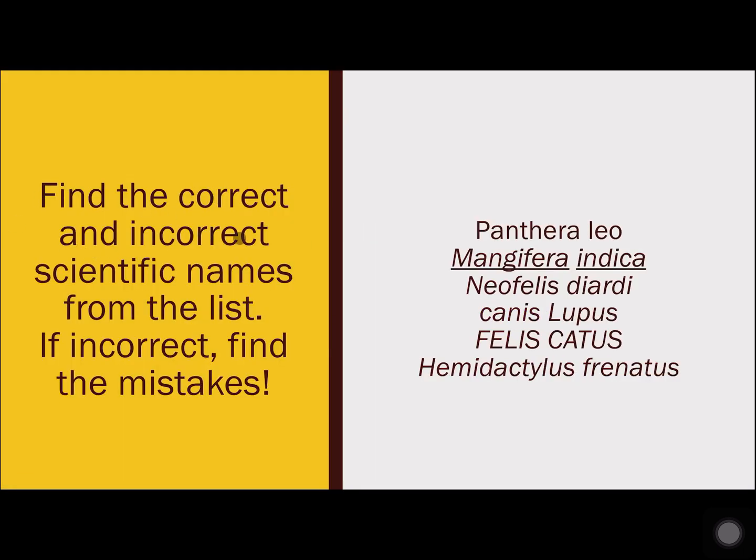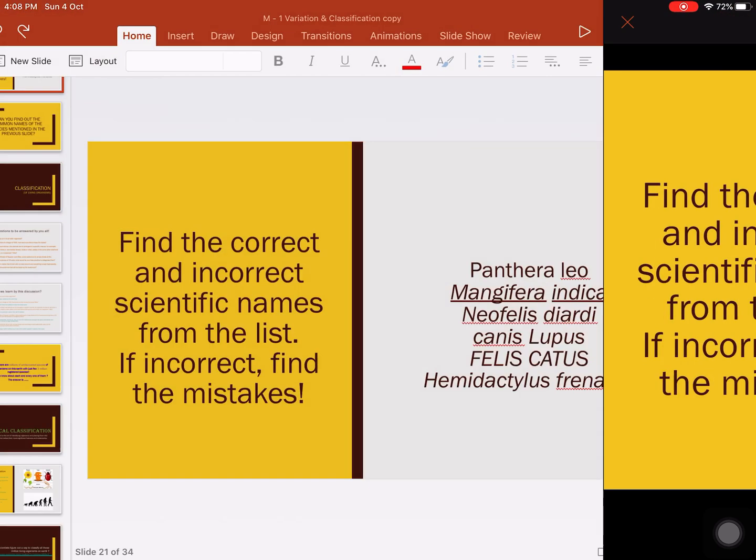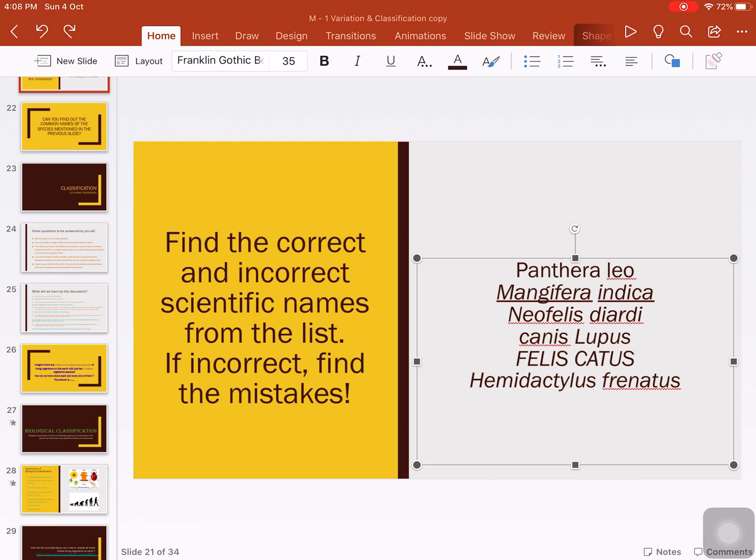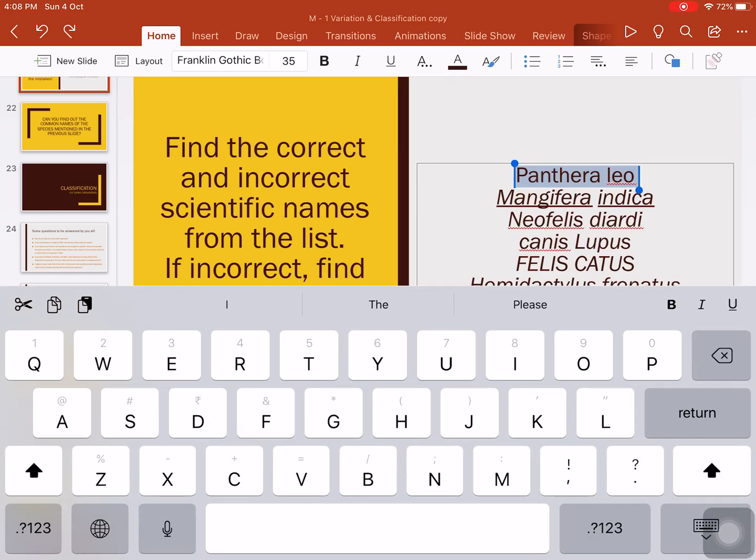Find the correct and incorrect scientific names from the list. If incorrect, find the mistakes, like Panthera Leo. Now, when you're writing like this, let us see. Okay, it is not italicized.